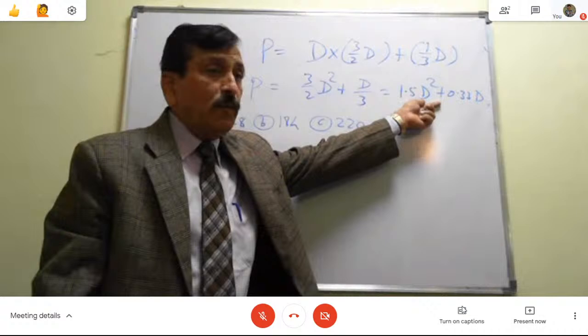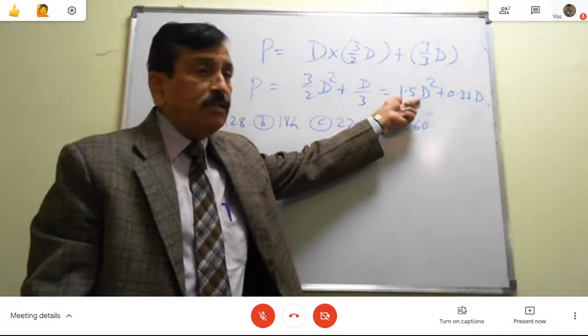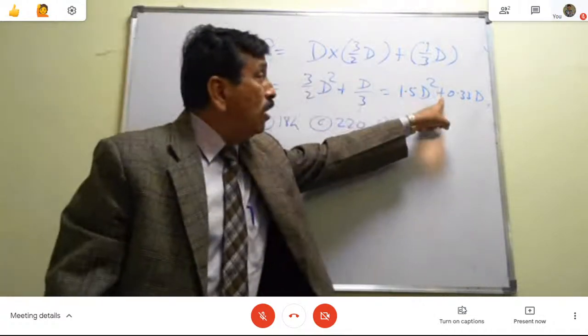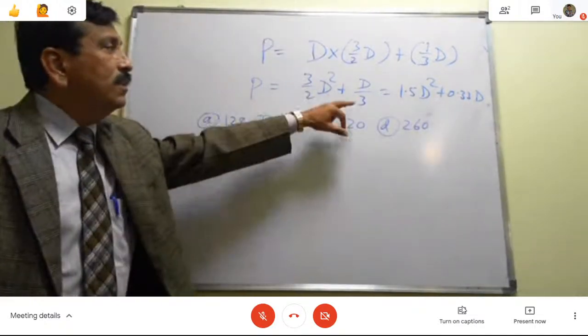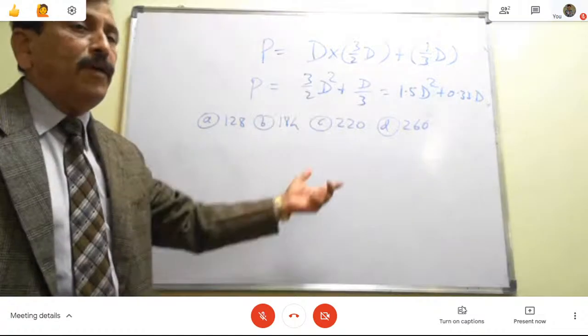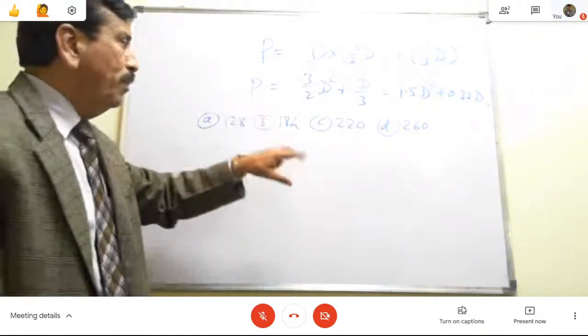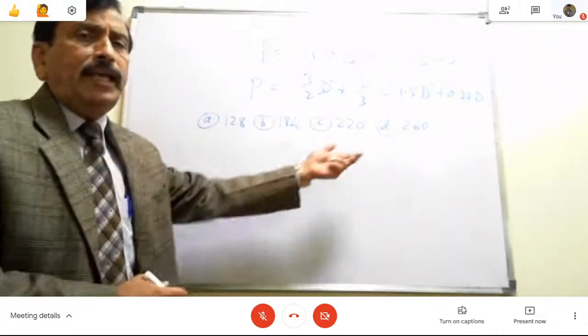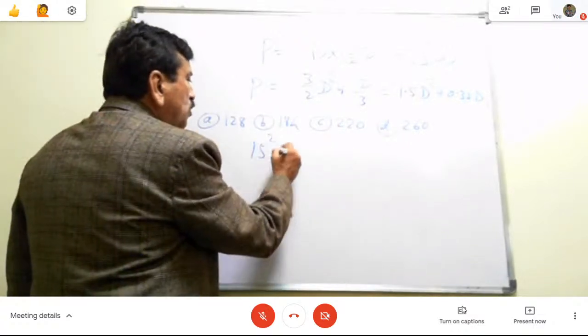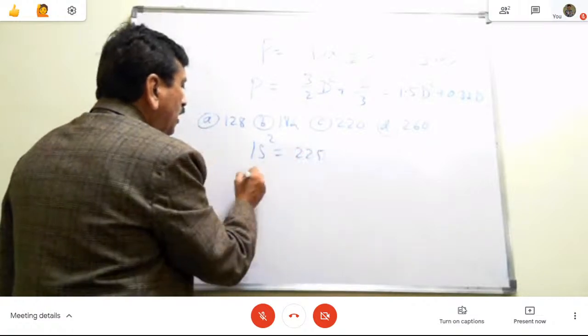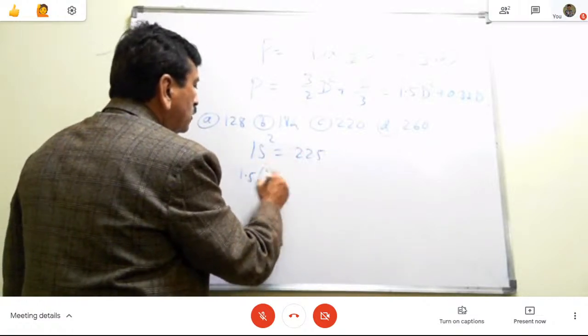So whatever may be D square, we make 1.5 times of this and your P is still more. Let's consider the value of D to be, say for example 12. Or say take any value, you can take 15 also. If I take 15, 15 square will be 225. And so 1.5 times 15 square.